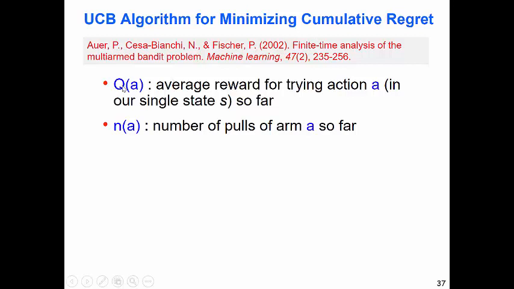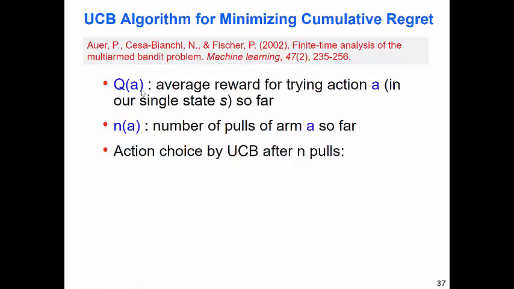A indexes an arm. At any time you've pulled the arms some number of times, each arm has some number of pulls, and that's remembered by this variable N_A. So you're going to keep track of how many times you've pulled each arm, and you're also going to keep track of the average reward that you've seen from each arm so far.